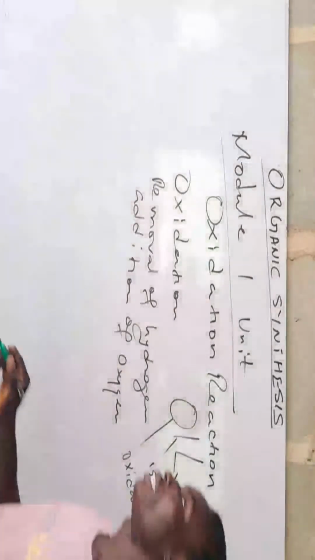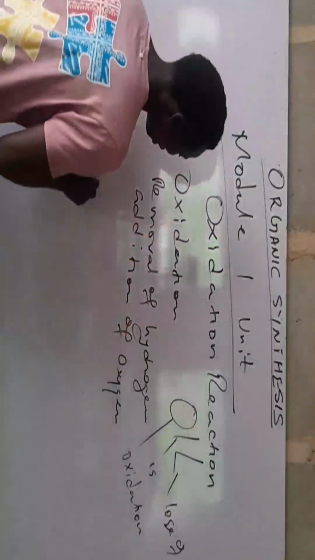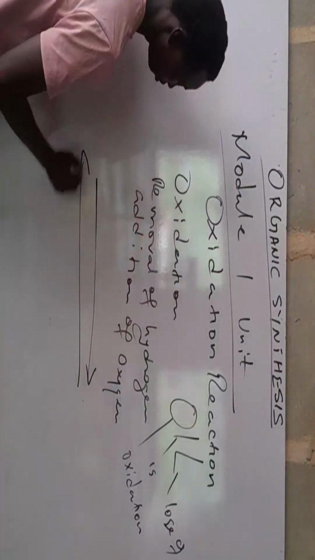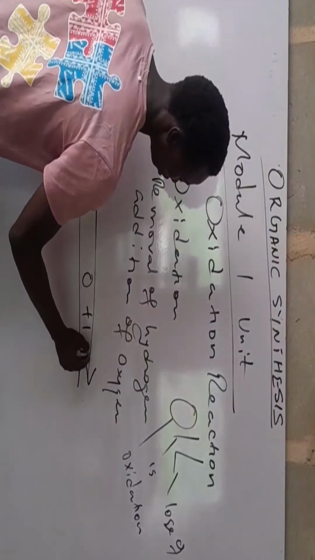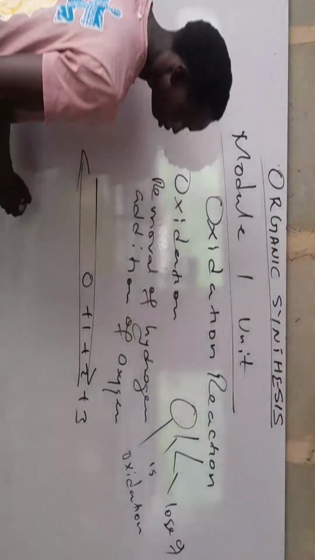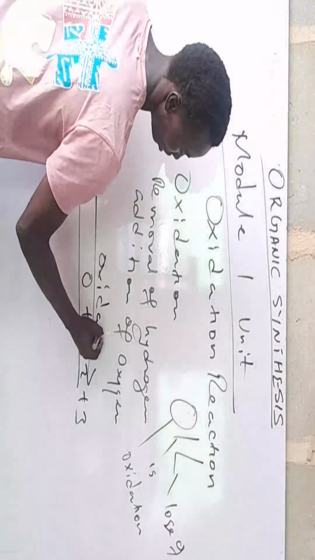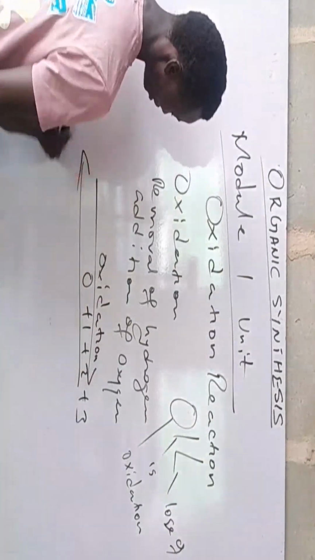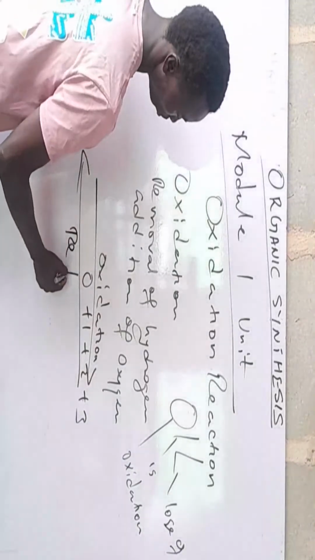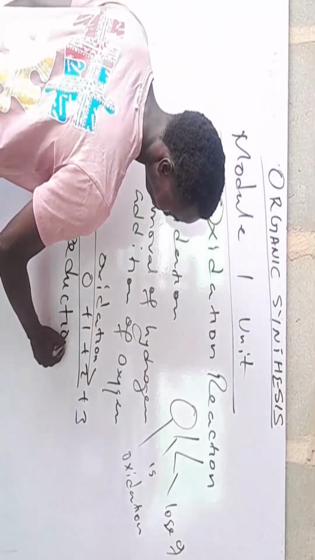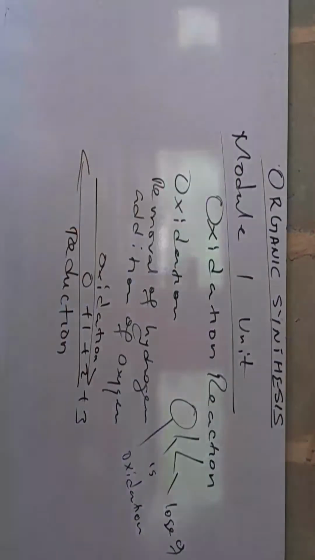If you remember the cases of increase in oxidation number, where you have something like 0, plus 1, plus 2, plus 3 continuously, this process here is called oxidation. Take note of that. While the process here with this arrow is called reduction.